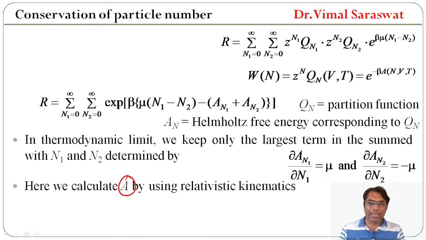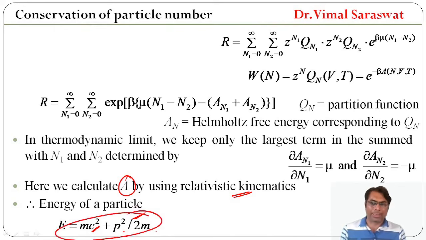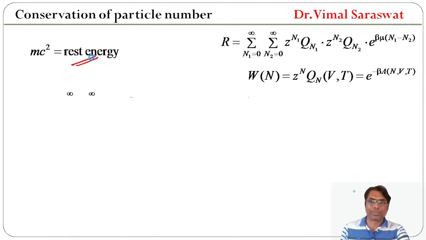Here we calculate A by using relativistic kinematics. Therefore, energy of particle is E equal to mc square plus p square by 2m. So this is the energy of particle by using relativistic kinematics. mc square represents the rest energy or rest mass energy.